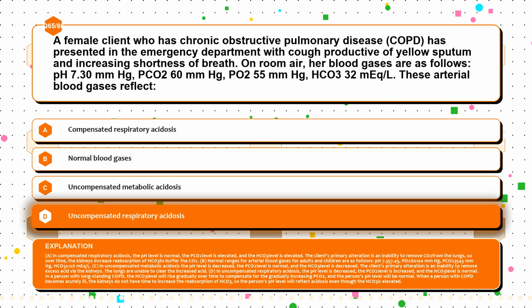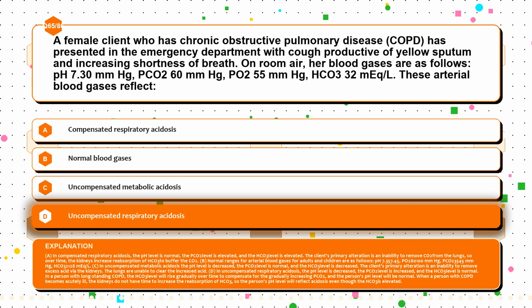C. In uncompensated metabolic acidosis, the pH level is decreased, the PCO2 level is normal, and the HCO3 level is decreased. The client's primary alteration is an inability to remove excess acid via the kidneys. The lungs are unable to clear the increased acid. D. In uncompensated respiratory acidosis, the pH level is decreased, the PCO2 level is increased, and the HCO3 level is normal.